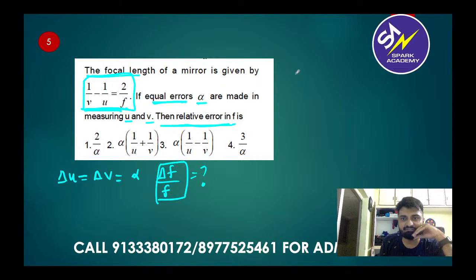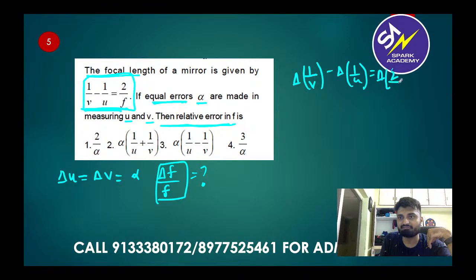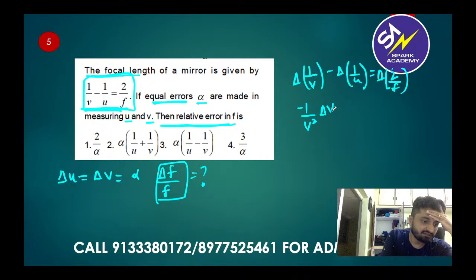So shall we start differentiating? Delta of 1 by U plus 1 by V equals delta of 2 by F. So what is derivative of 1 by x? Minus 1 by x square. So this I can write it as minus 1 by V square delta V. Correct? Everybody?